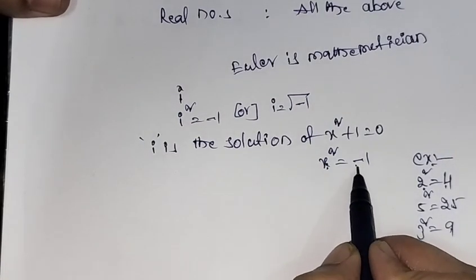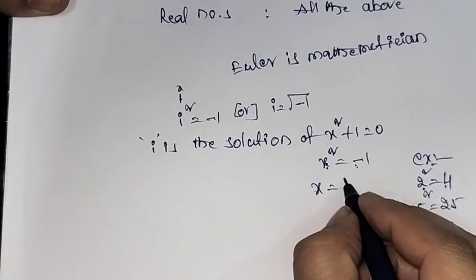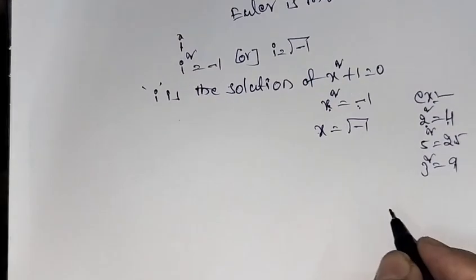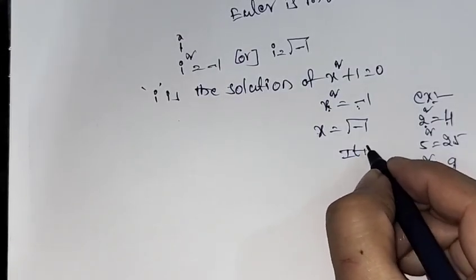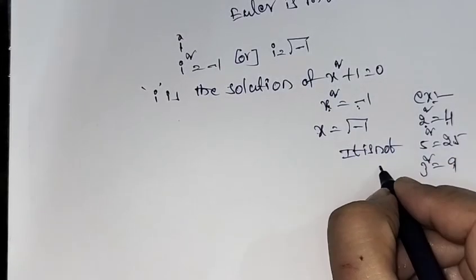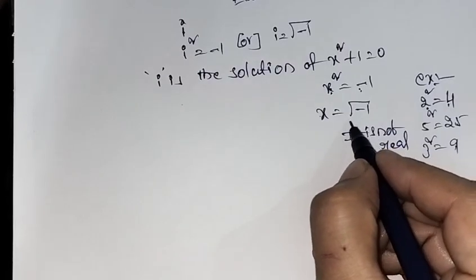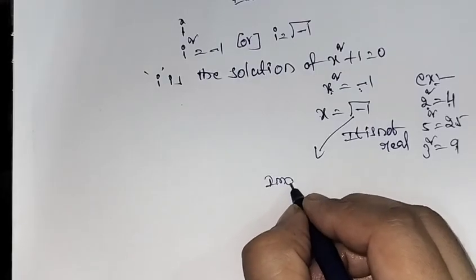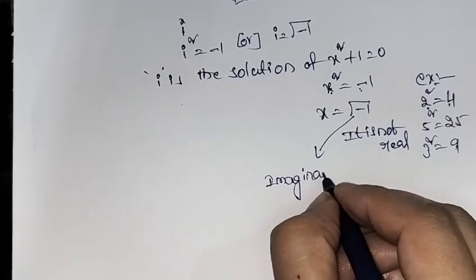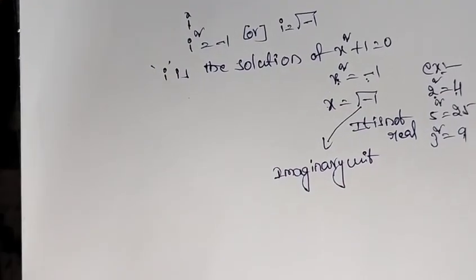Here x square is equal to minus 1, then x is equal to root minus 1. Is it real? No, it is not real. Root minus 1 is an imaginary unit.